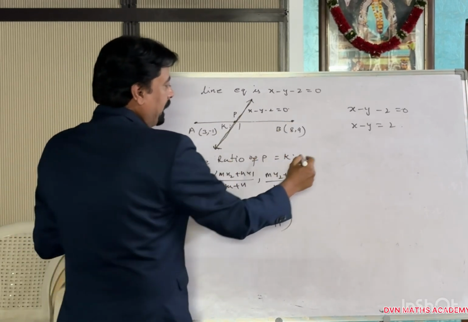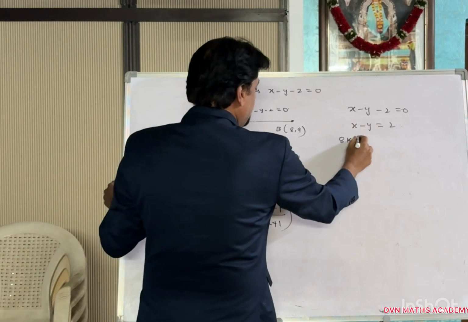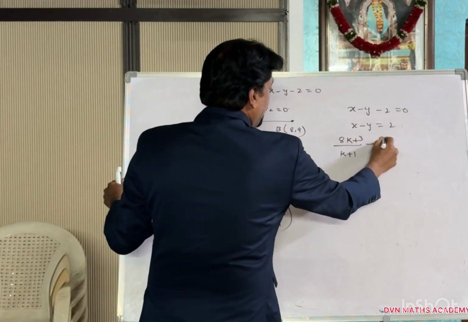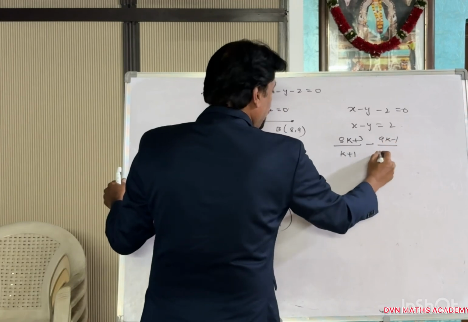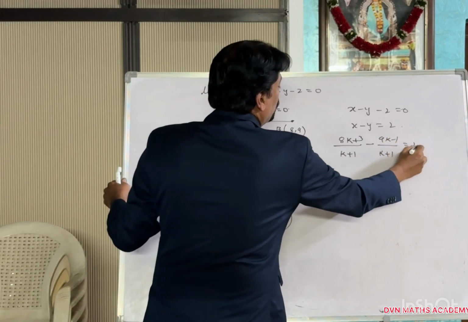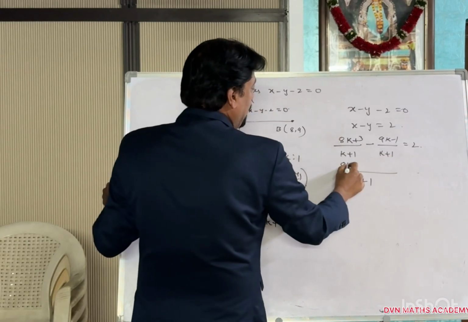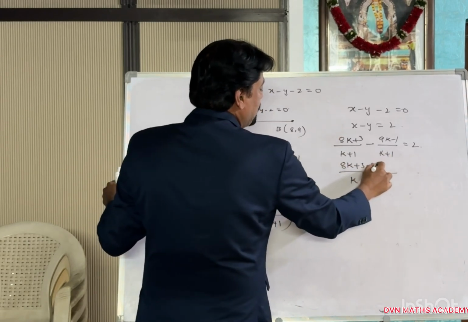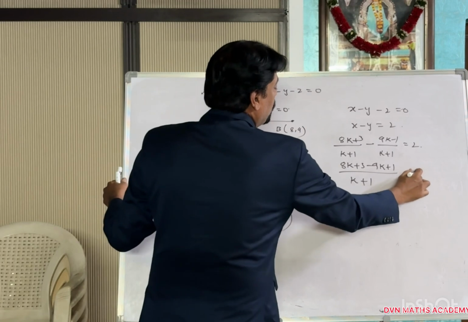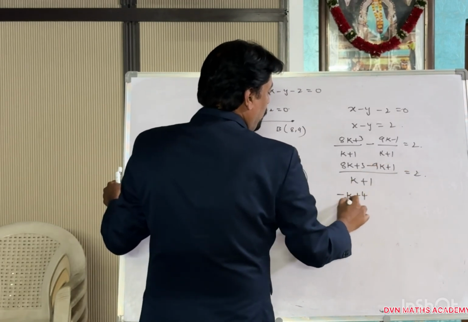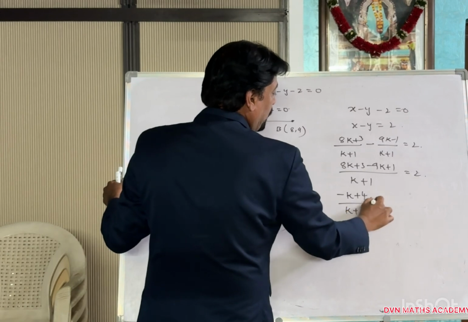If you substitute that, (8k plus 3) by (k plus 1) minus (9k minus 1) by (k plus 1) is equal to 2. The LCM is k plus 1, and 8k plus 3 minus 9k plus 1 is equal to 2. This is (minus k plus 4) by (k plus 1) is equal to 2.